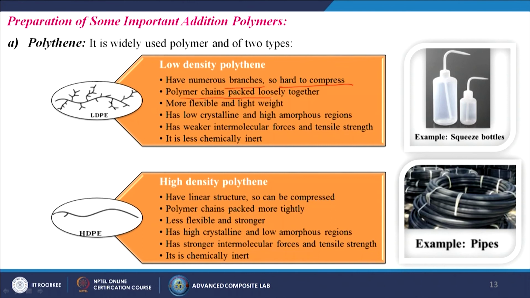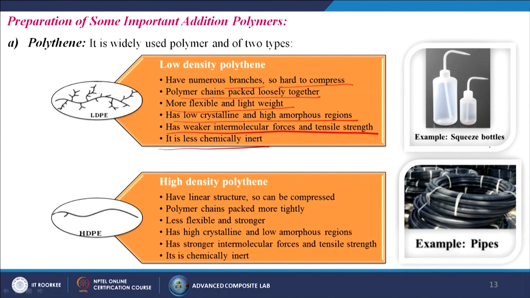Low density polythene, sometimes we call it LDPE. It has numerous branches and so is hard to compress, polymer chains are packed loosely together, more flexible and lightweight, has low crystalline and high amorphous regions, has weaker intermolecular forces and tensile strength, and is less chemically inert. An example is the squeeze bottles we generally use for chemical reactions, because it should not be very hard, so that we can squeeze it and the water will come out.